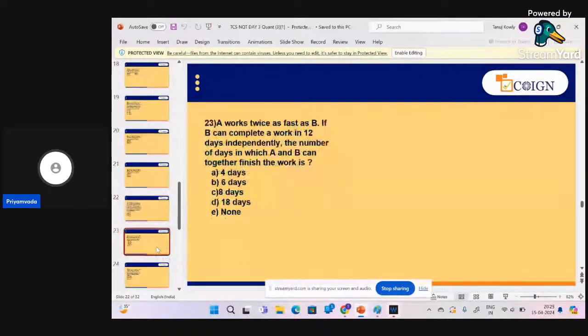So the next question is, A works twice as fast as B, and if B can complete a work in 12 days independently, the number of days in which A and B can together finish the work. So they have given the efficiencies, right?